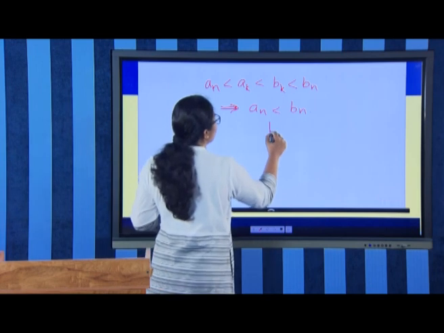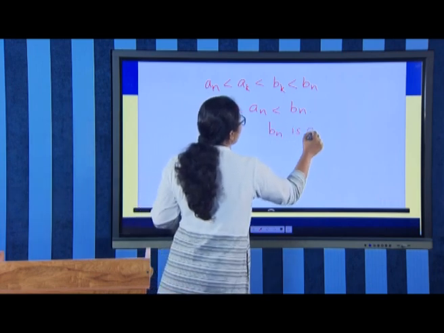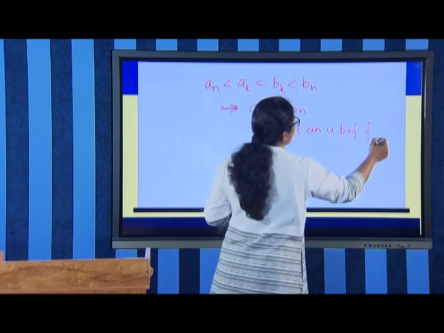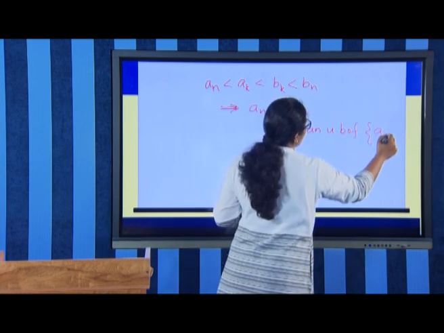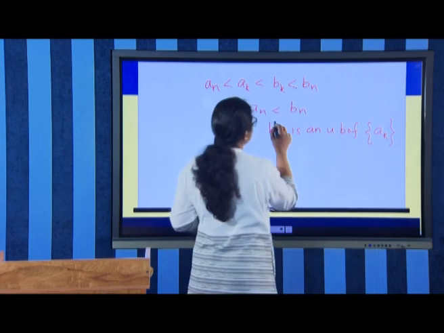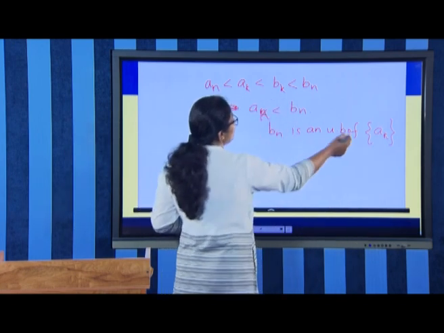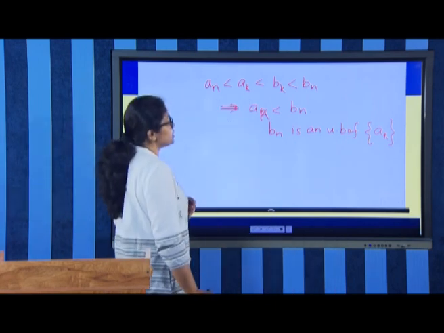So we have Bn is an upper bound of the set An, or AK you can take. AK is bounded above by Bn, whatever it be, it is an upper bound of the set AK.